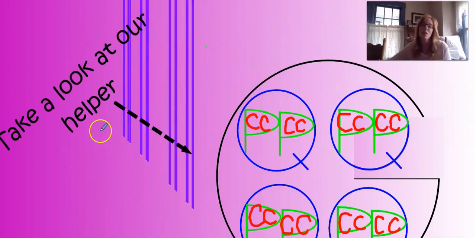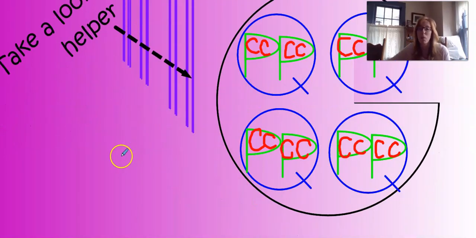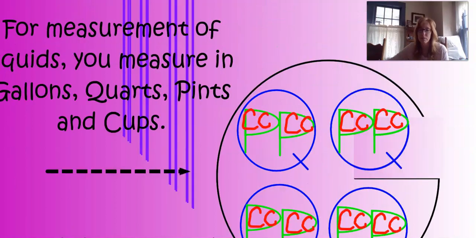Okay, so take a look at our helper here. This is our helper. There's our gallon with our 4 queens, our 8 prince and princesses, and our 16 cats. All right. For measurement of liquids, you measure in gallons, quarts, pints, and cups.